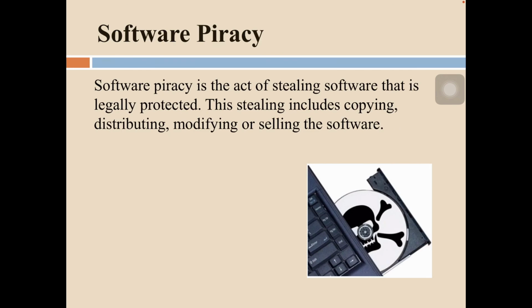Software piracy. Software piracy is an act of stealing software that is legally protected. This stealing includes copying, distributing, or selling the software. When you purchase any original software, you become a licensed user of it.